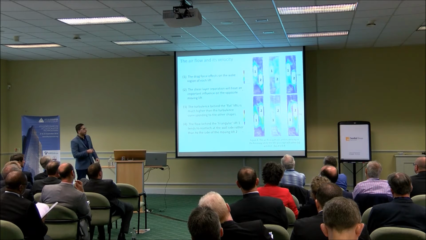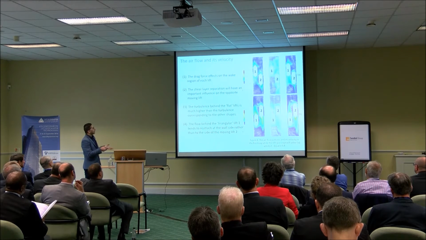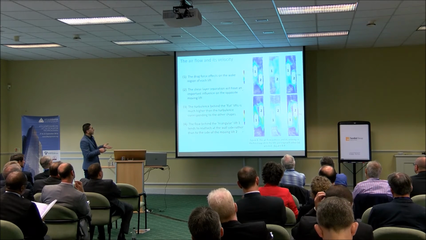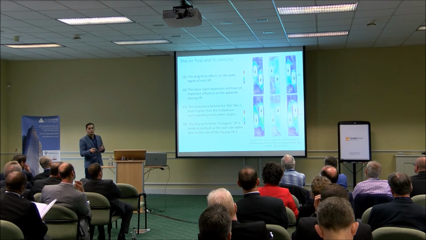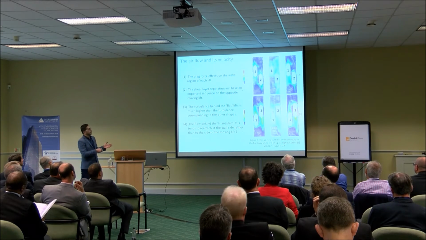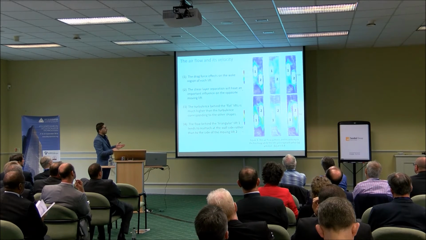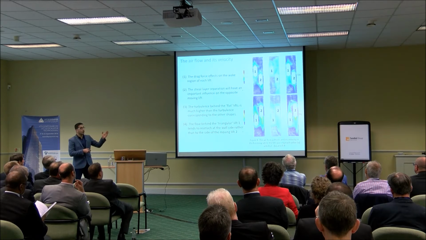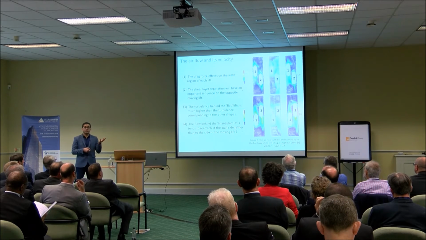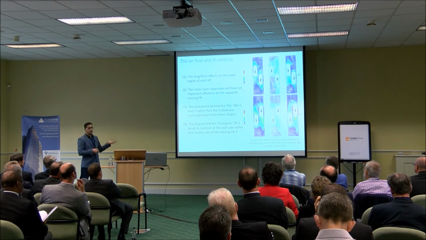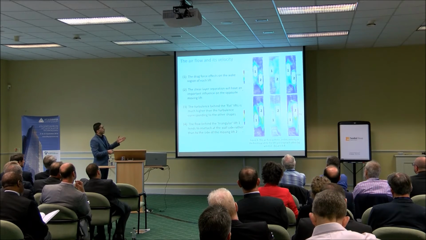Furthermore, the flow behind the triangular lift tends to reattach at the wall side rather than to the side of the moving lift, which is lift number 2, which is going upwards. Thus, lift number 2 will experience less turbulence than with other shapes.